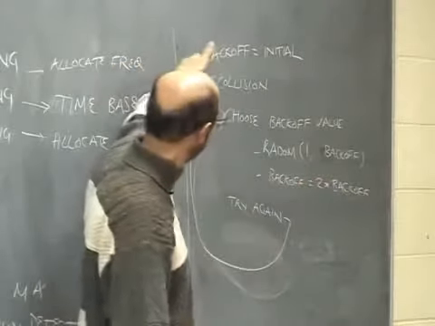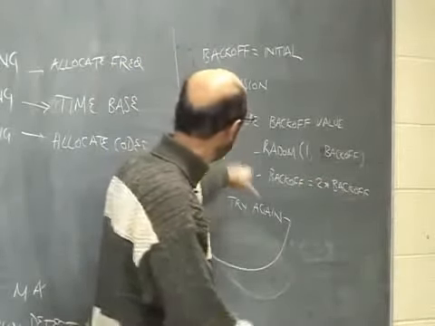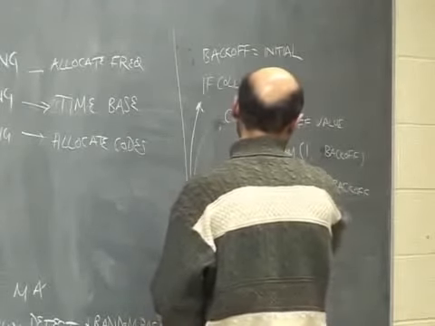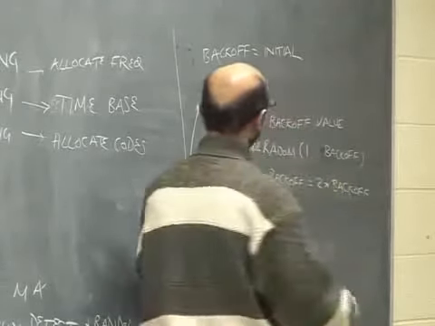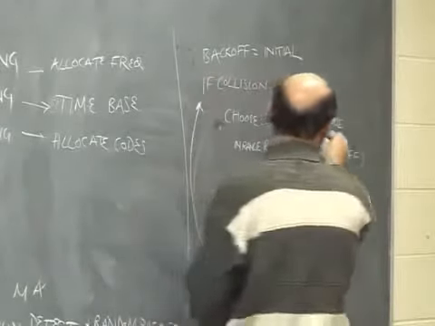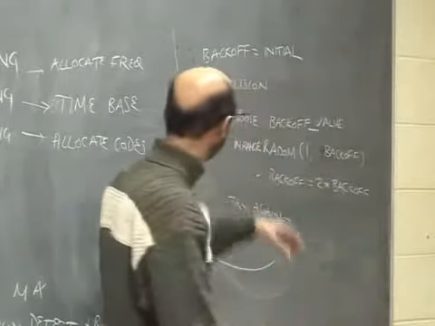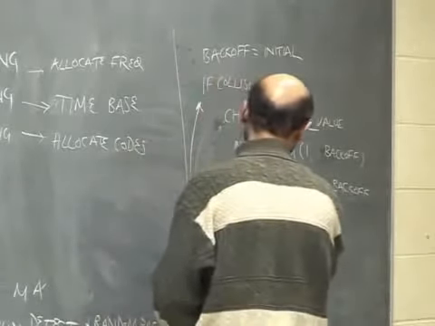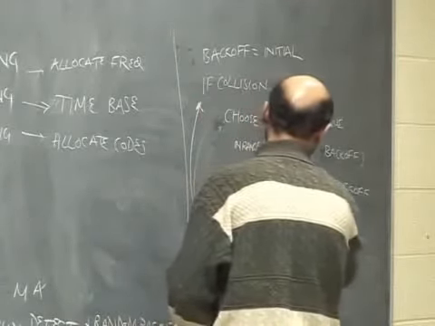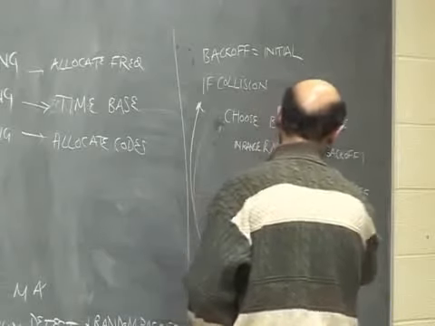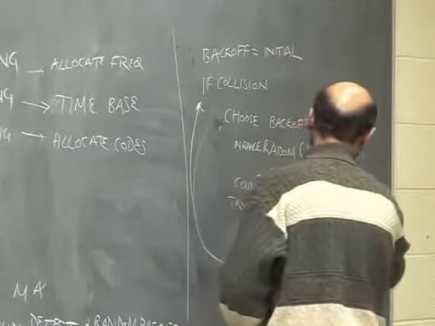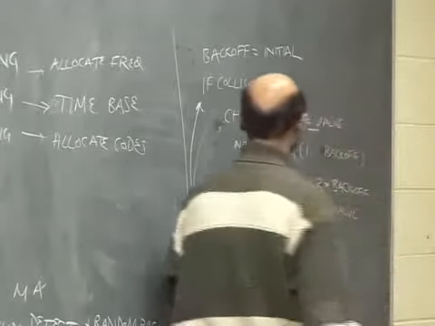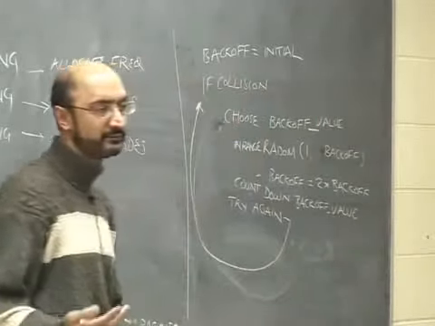If there is a collision, we choose the back off value randomly in the range 1 to the back off, double it, count down the back off value, and then I send the packet.